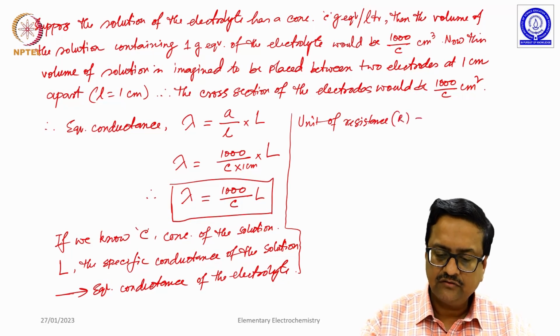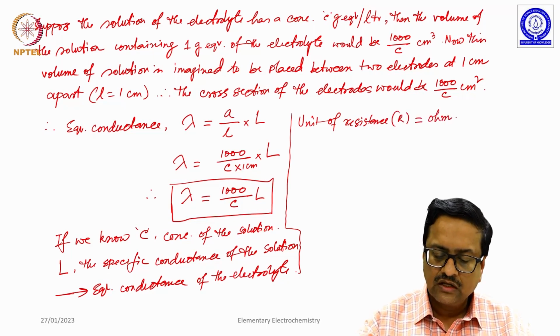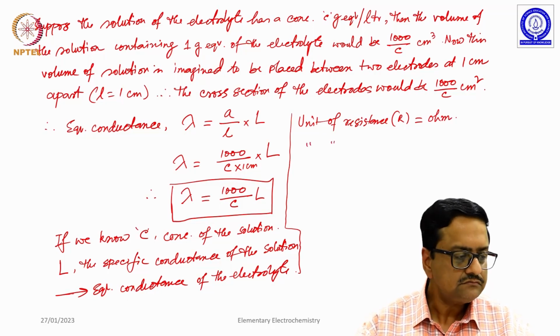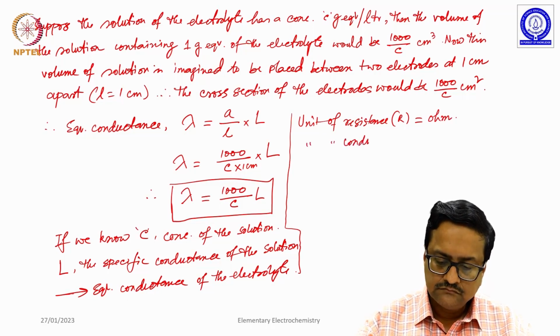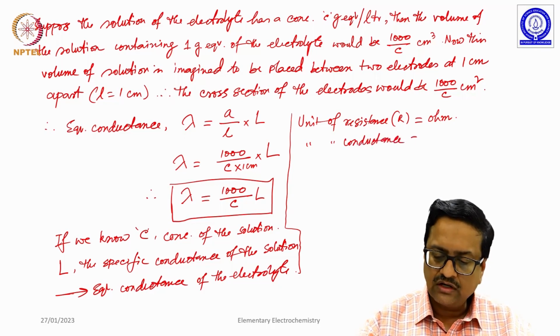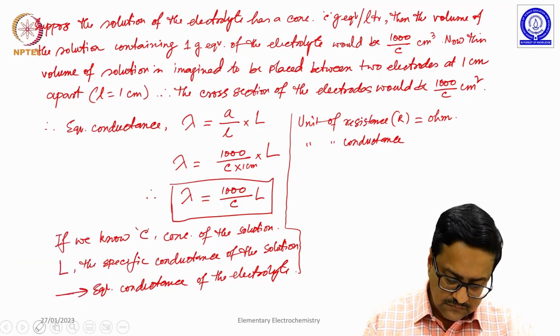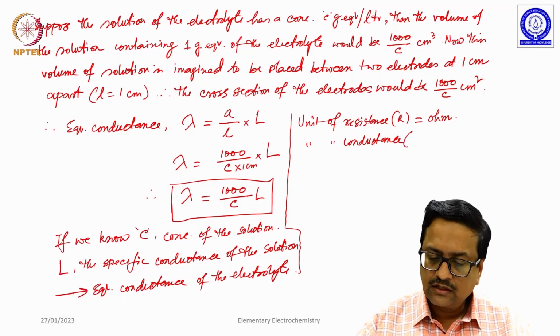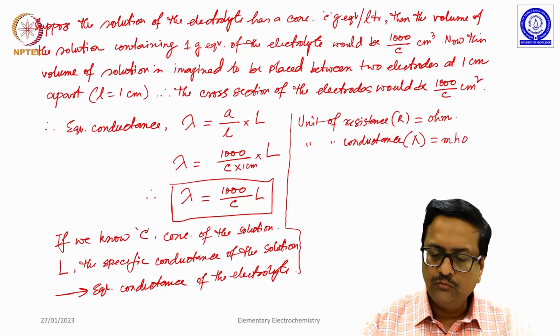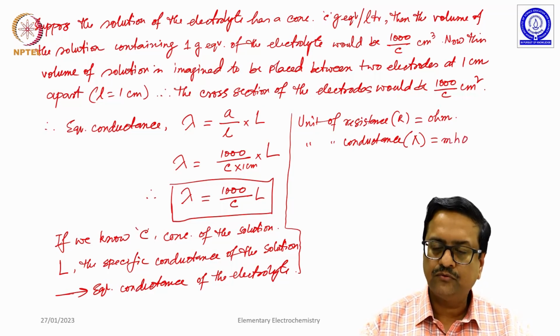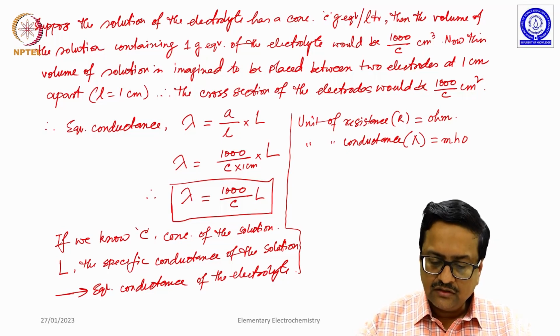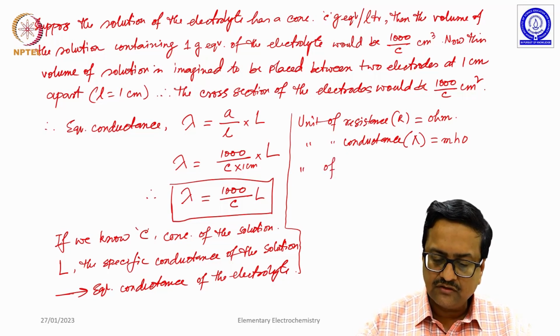Now, what we know is that the unit of resistance, that is R, is ohm. So, the unit of conductance, that is capital lambda, is mho, just the opposite of ohm. And then, what will be the unit of specific conductance?